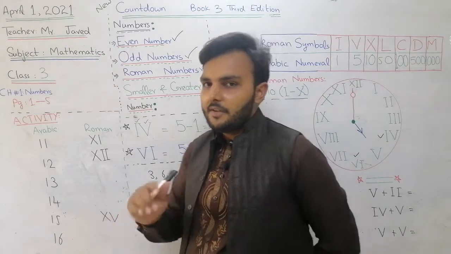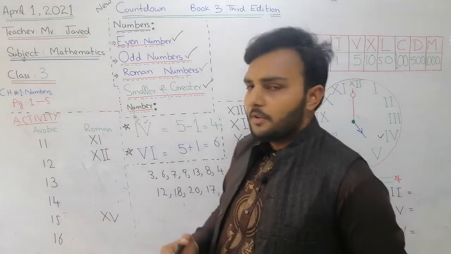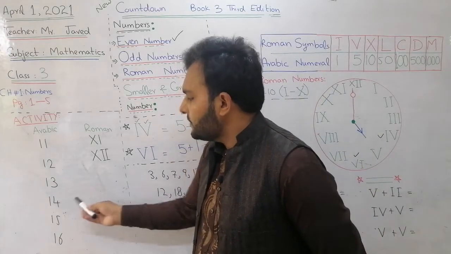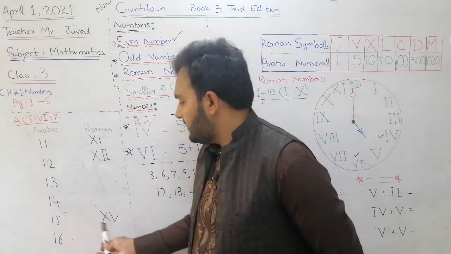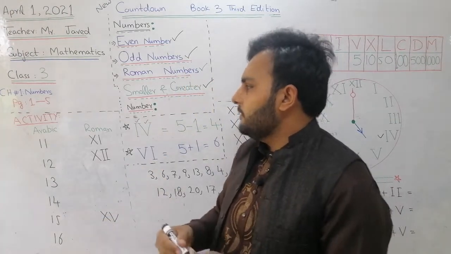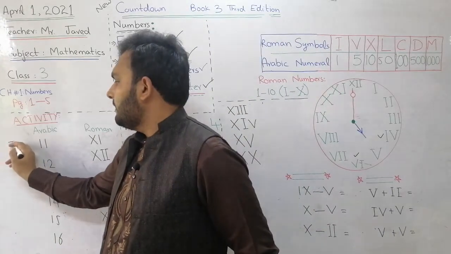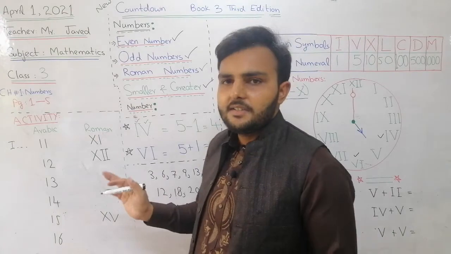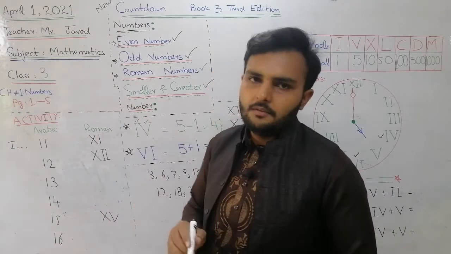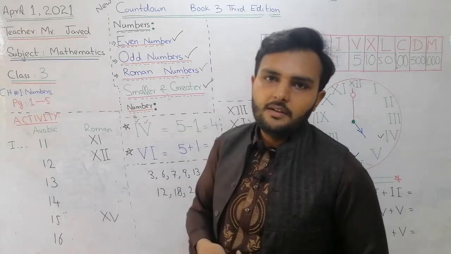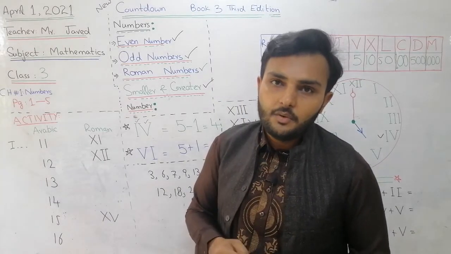I told you that you should have a rough copy in front of you while listening to my lecture. So you will solve this by yourself. 15 is here, 16, 17 up to 20. You will solve this from 1, 2, 3, 4, 5, 6, 7, 8, 9, 10. From 1 you will solve. So 1 to 20 will be the activity homework. You will solve it on your neat copies.